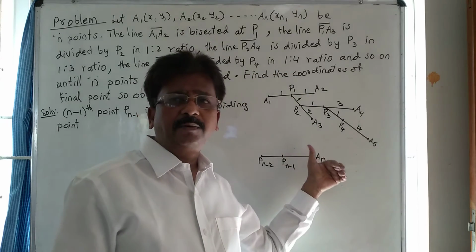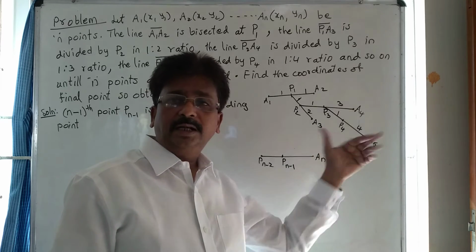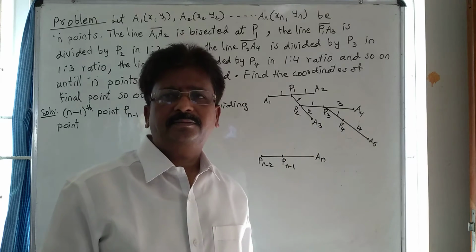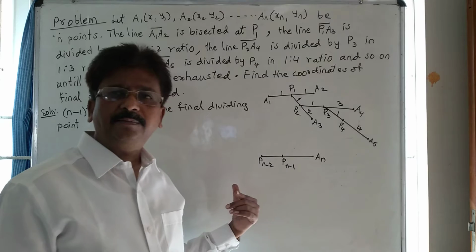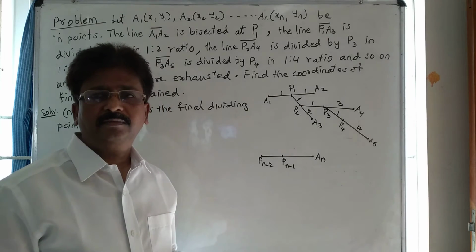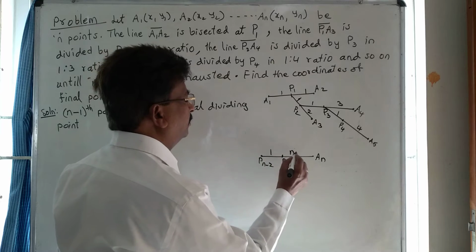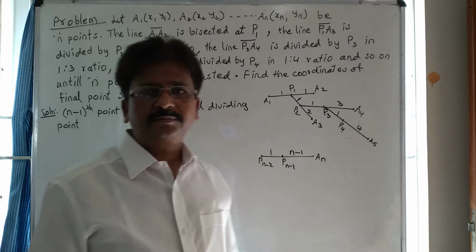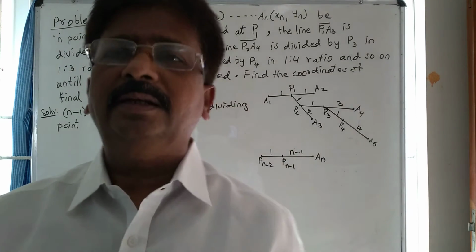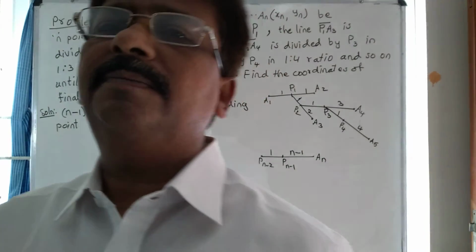What is the dividing point? 4. So the ratio is 1:4. Now here the dividing point is n minus 1. So the ratio is 1:n minus 1. Okay. So let us write this matter.